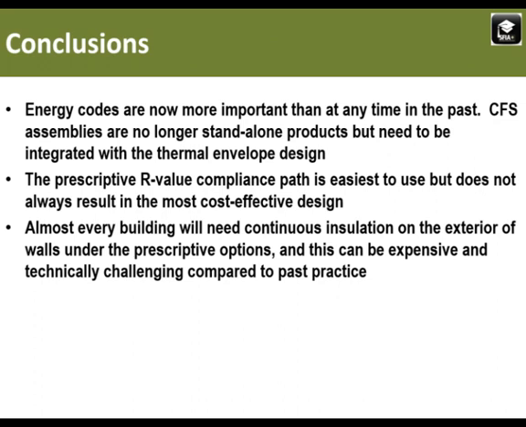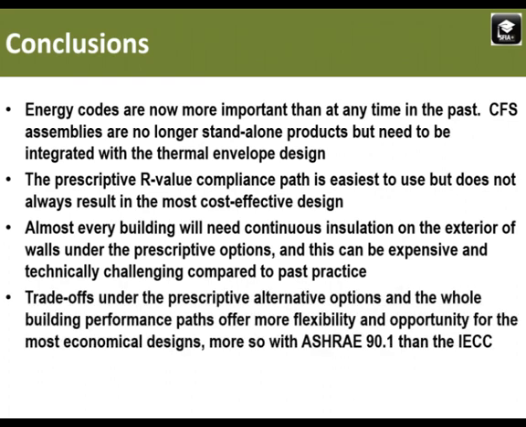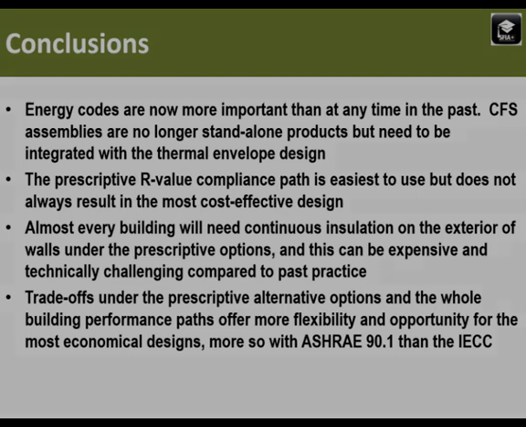Almost every building will need continuous insulation on the exterior walls under the prescriptive options, and this can be expensive and technically challenging compared to past practices. Trade-offs under the prescriptive alternative options and the whole building performance paths offer more flexibility and opportunity for the most economical designs, more so with ASHRAE 90.1 than the IECC.